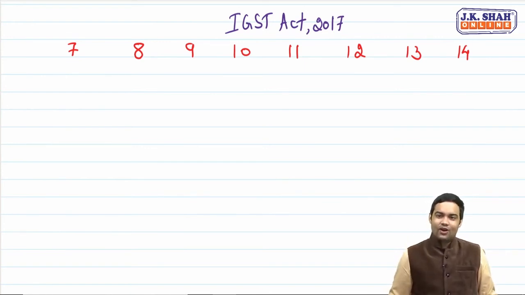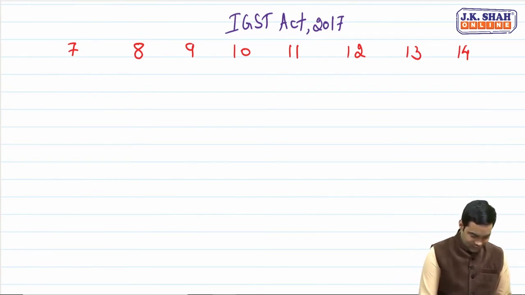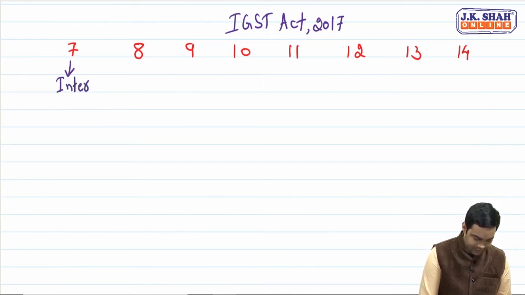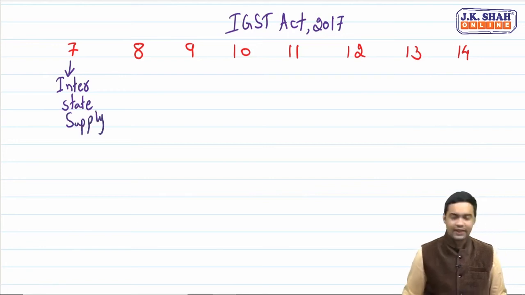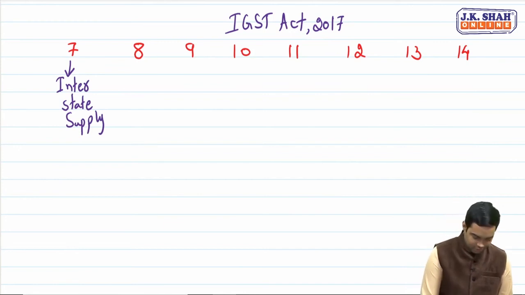Section 7 of the IGST Act talks about interstate supply. Section 8 talks about intrastate supply.